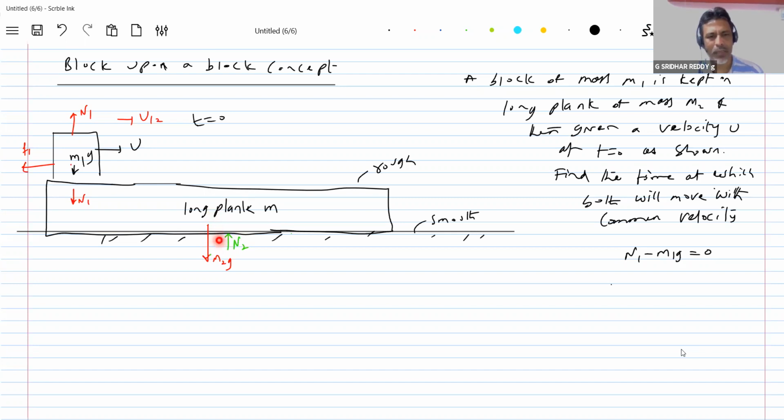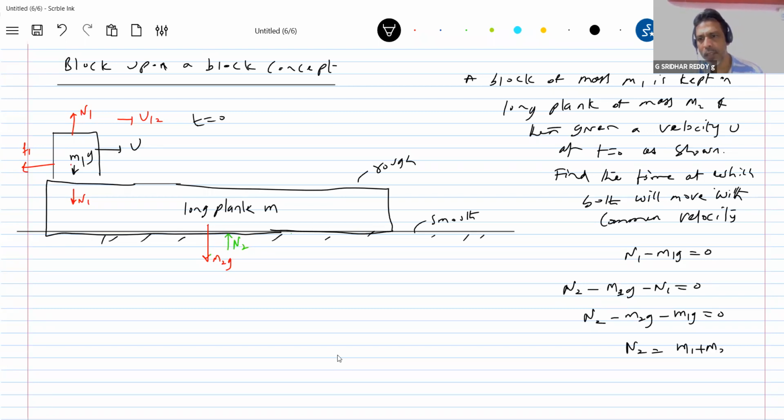Fine. Now what is the equation? N2 minus M2G minus N1 equals 0. So N2 minus M2G minus M1G equals 0. So N2 is equal to (M1 plus M2) into G. Okay, these are the normal contacts that are acting like this. If you keep some 3-4 blocks, you have to trace it out here, because the net force on the block or the plank along the y-axis is 0. That's why I'm equating them.